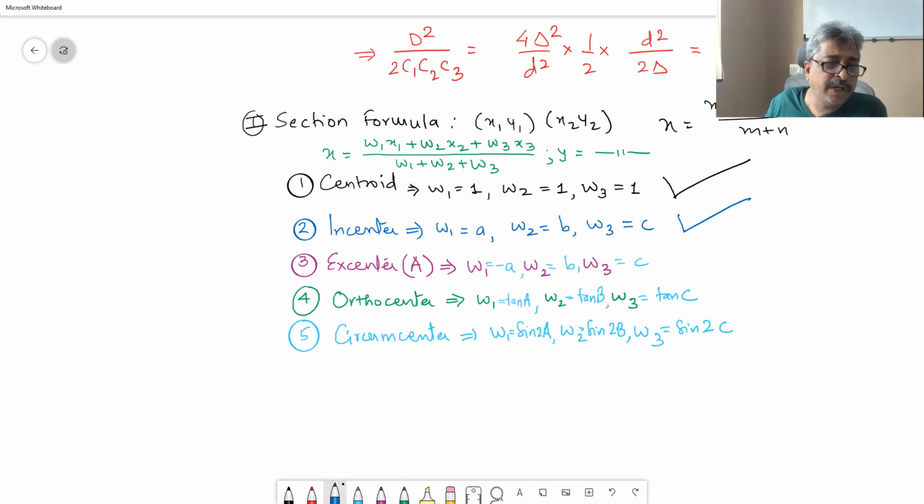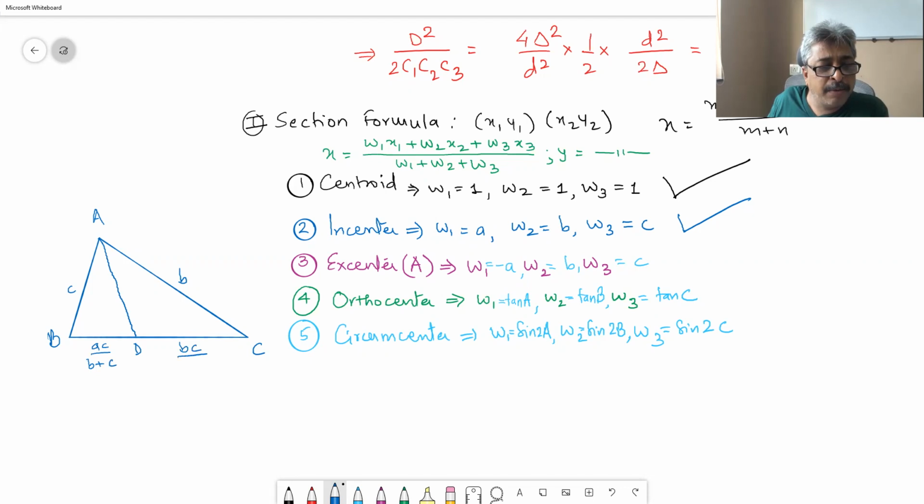Okay, incenter using pure section formula, we can do it. Maybe quickly I can show you. This is the internal angle bisector. This is A, B, and C. Then this is small c, this is small b. Then point D. D is dividing BC in the ratio of c upon b. Therefore, this is AC by b plus c, and this is BC by b plus c.